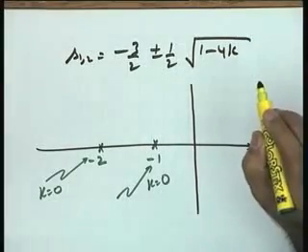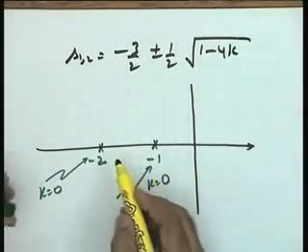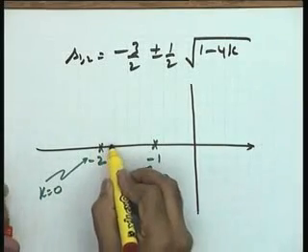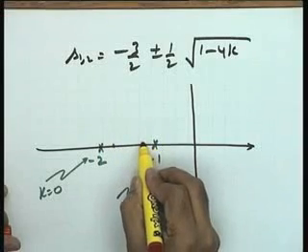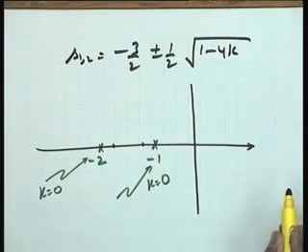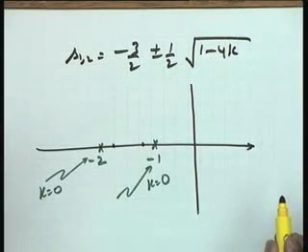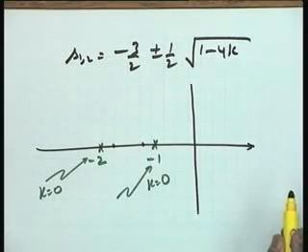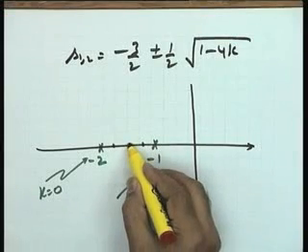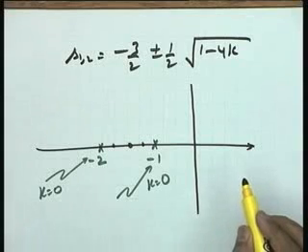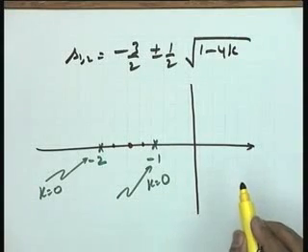Now, increase the value of K. Increasing the value of K, you can easily check, the poles will be at this particular location for a slight increase in the value of K. Help me, what will happen if I make K equal to 1 by 4? If I make K equal to 1 by 4, I get the poles at minus 1.5, repeated and real.